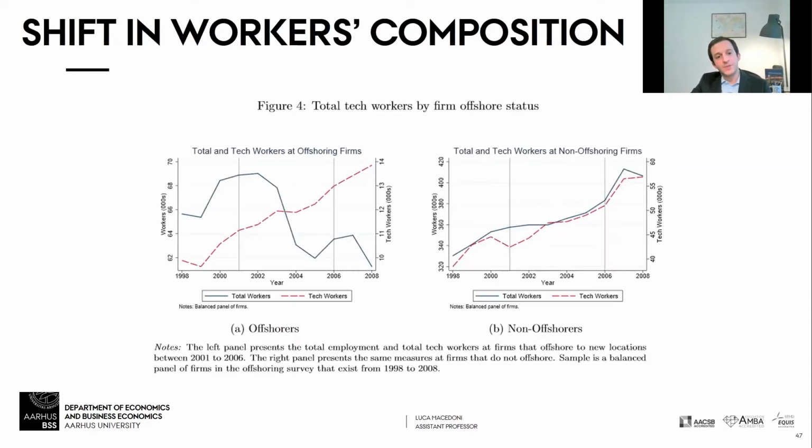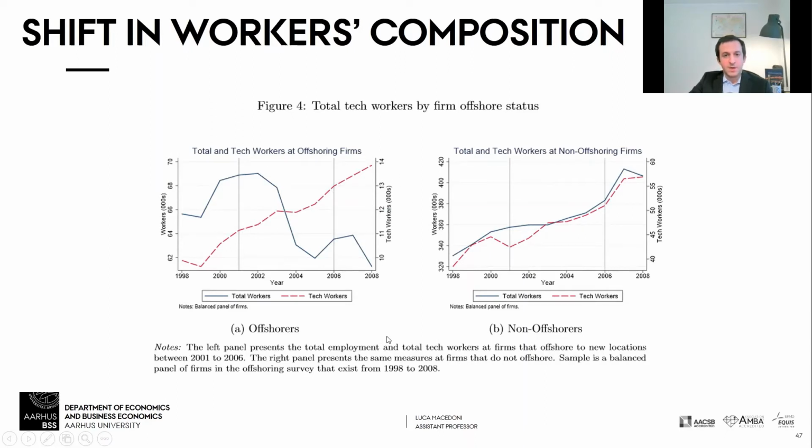When they offshore, there's going to be a change in the composition of their labor force. Here we have the total number of workers in blue for offshoring firms on the left panel, and you can see that from 2001 till 2006 it declines by about 5,000 workers, 4,000 workers. Whereas the number of tech workers from 2001 to 2006 increases, by about 2,000 workers.